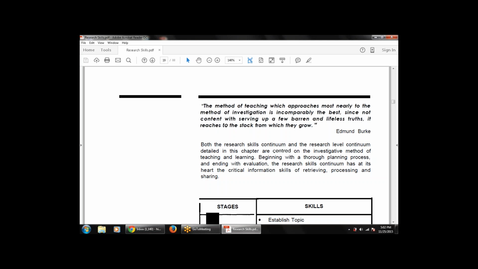Since it is not content with serving up a few barren and lifeless truths, it reaches to the stock from where they grow, it reaches to the warehouse from which they grow.